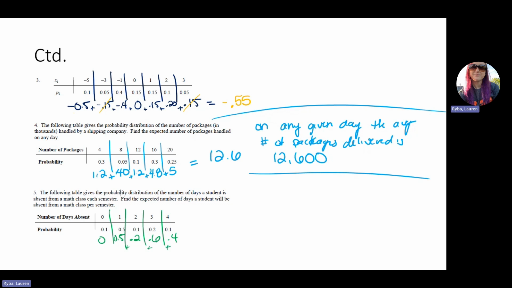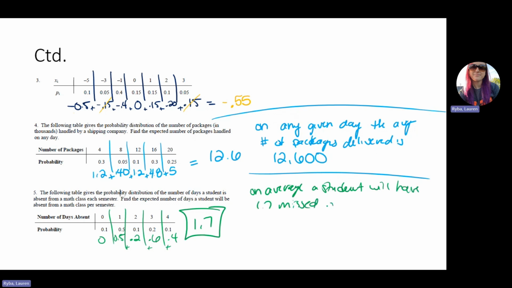Add those all together, that's 1.7. So on average, a student will have 1.7 missed days in math.